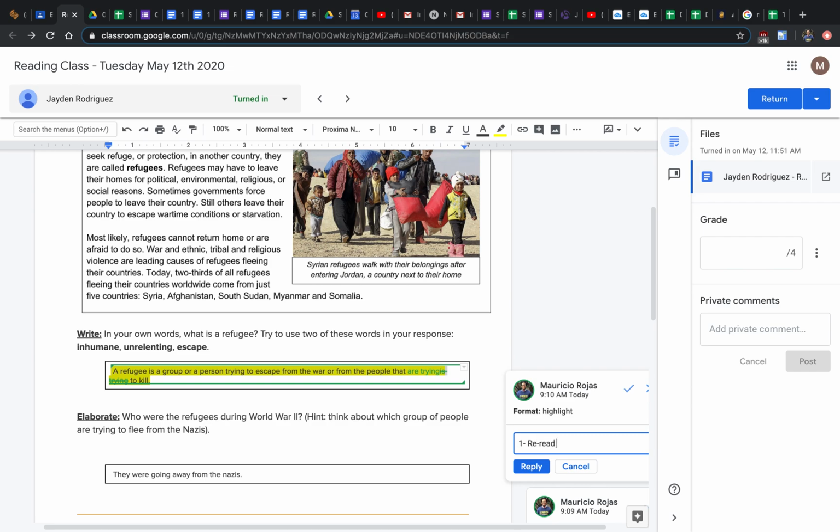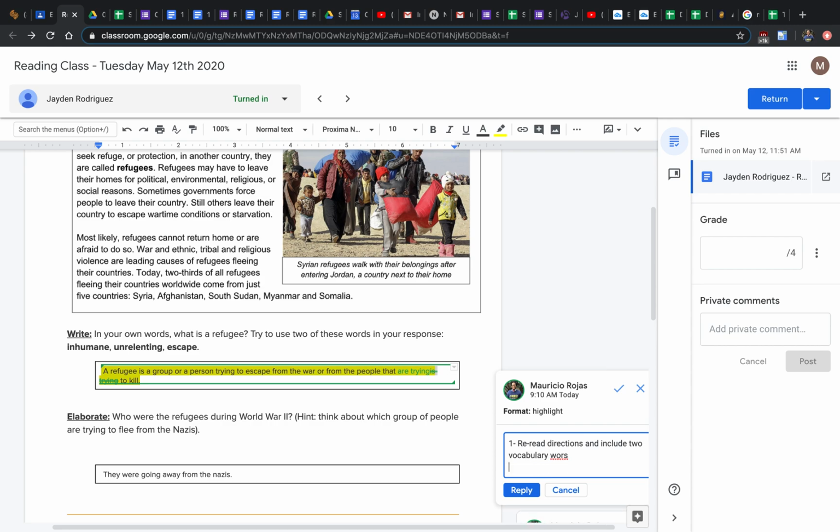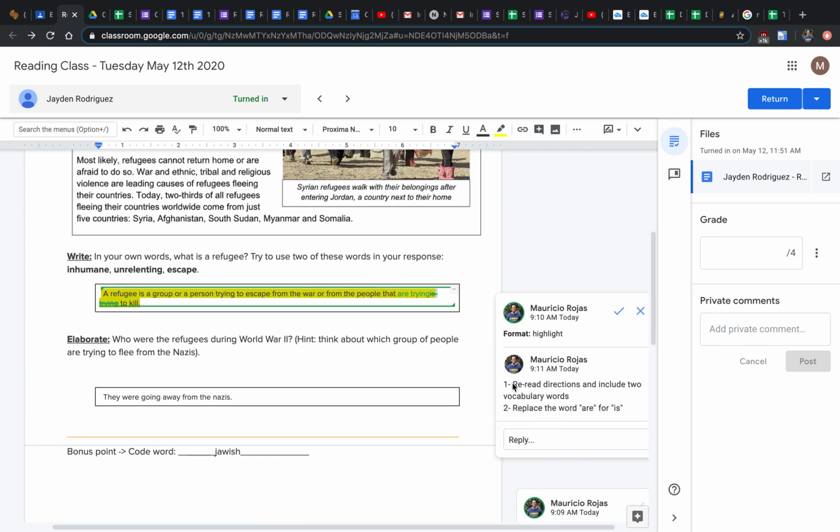So I'll say reread directions and include two vocabulary words. And then the second edit is replace the word are for is at the end. So that's his edits there. I'll hit reply.